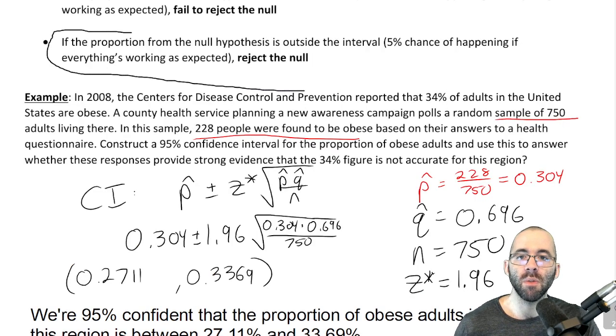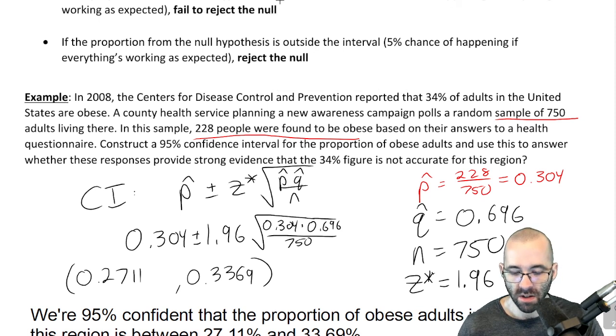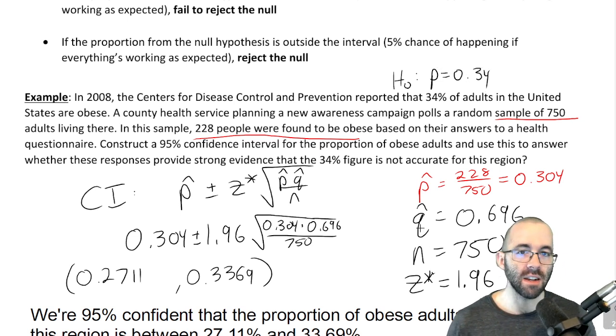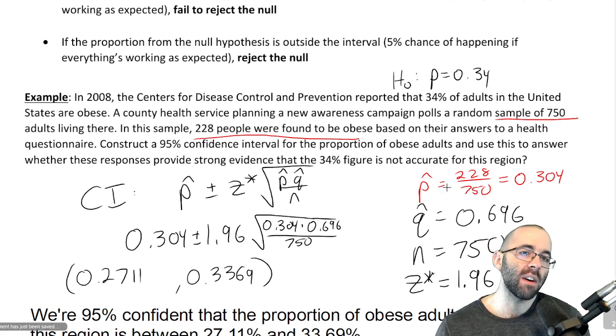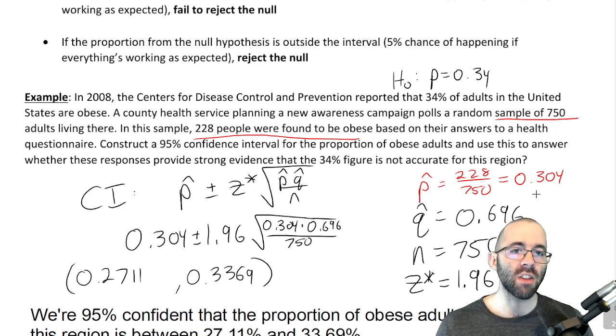If the proportion from the null hypothesis is outside the interval, and again, our null hypothesis here would be that p is 34%, so it is outside of the confidence interval. This is essentially saying that our alpha is 5% and our p-value is smaller than 5%. We're outside. We will reject the null.